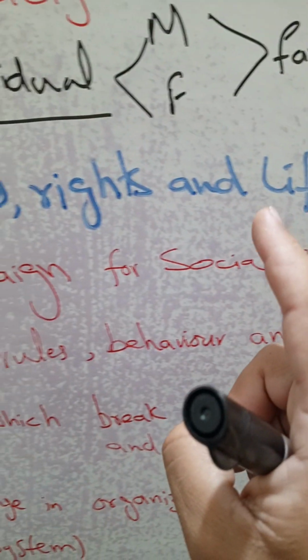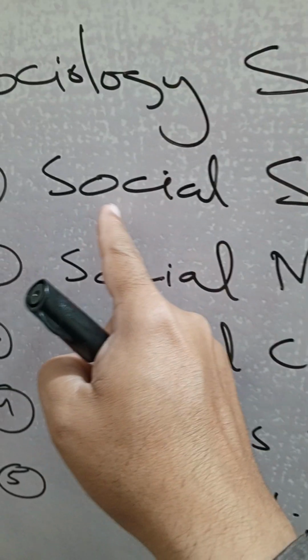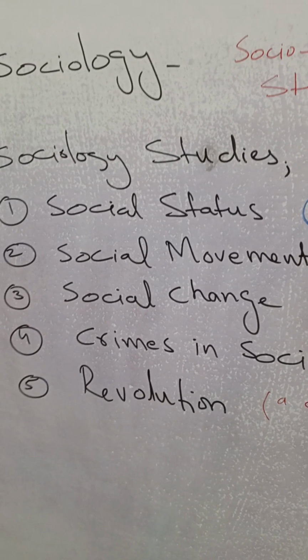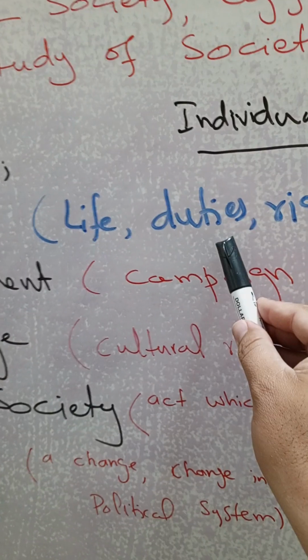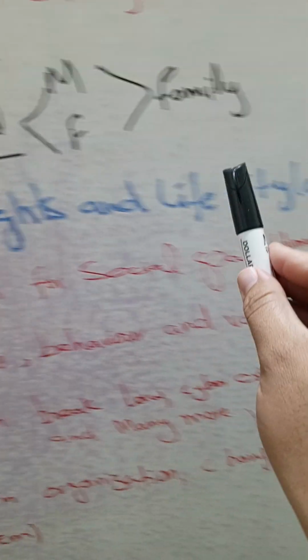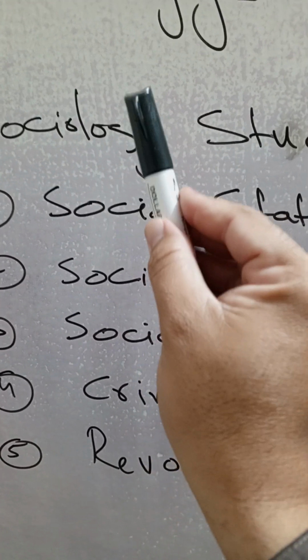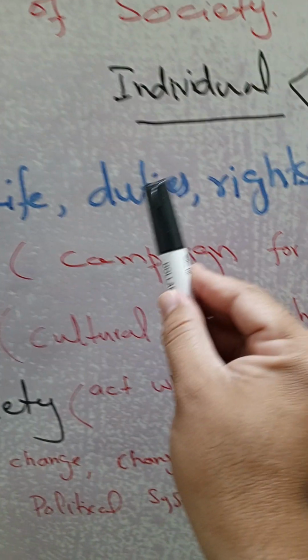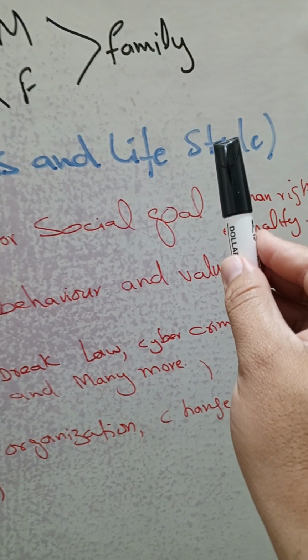So the social status of a teacher is different from the social status of a policeman, because a policeman has different duties, rights, and lifestyle. In sociology, we discuss social status, individual duties, individual rights, and lifestyle.